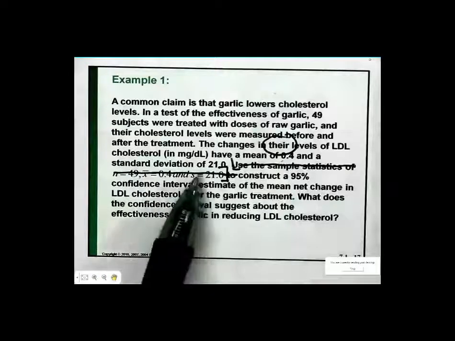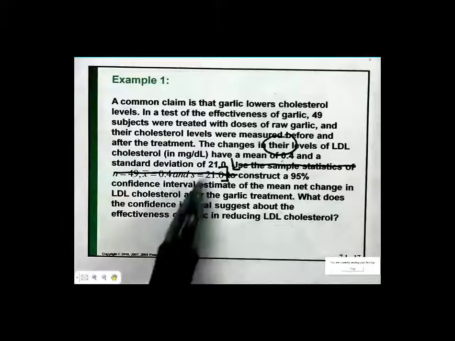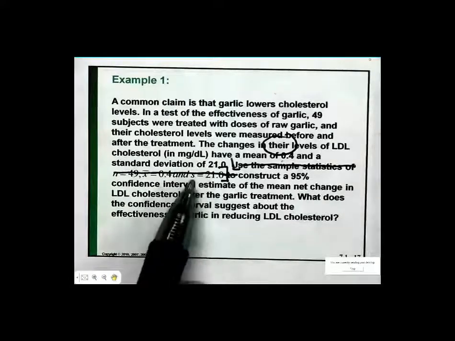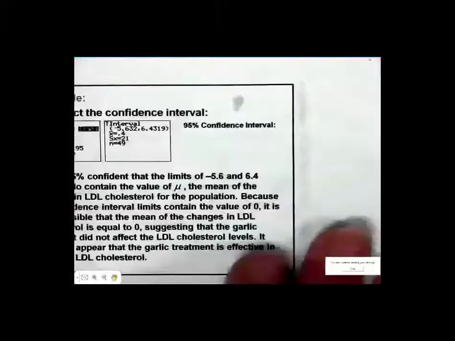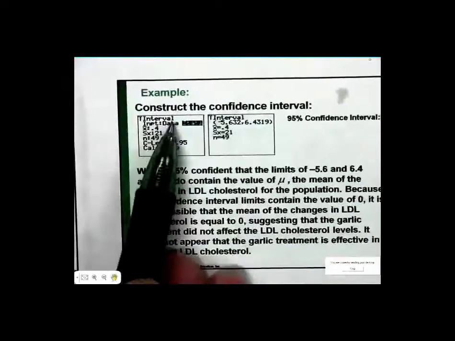Because we have the sample standard deviation, not the population standard deviation, that's why I'm going to use the T interval instead of the Z interval. Construct the confidence interval: Stat, Tests, number 8, TInterval. We need to input the statistics.